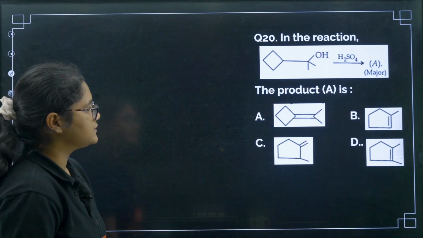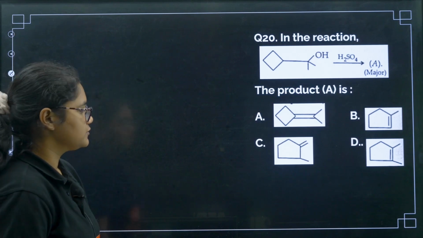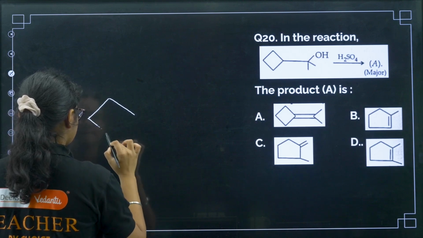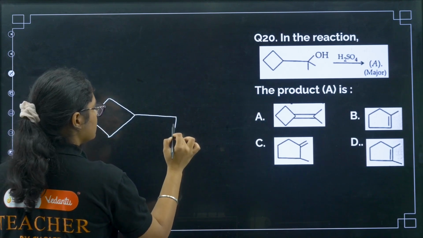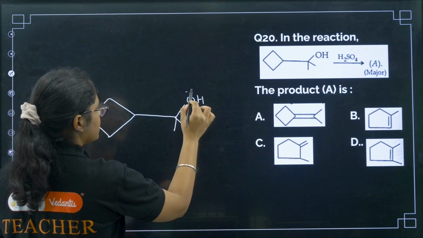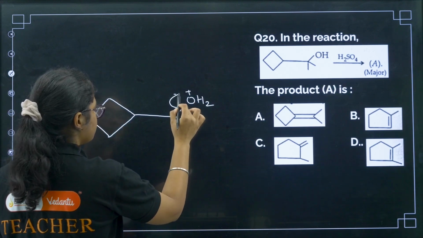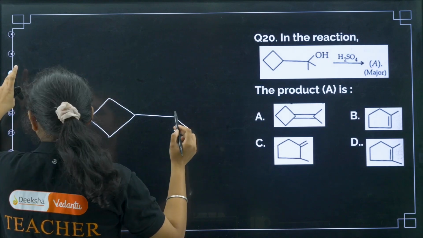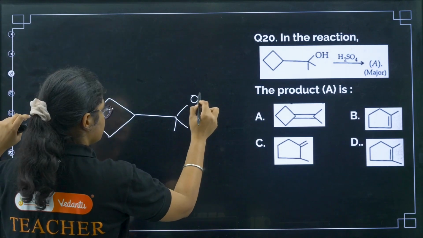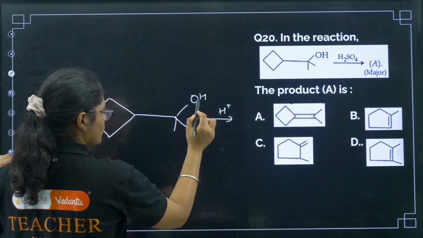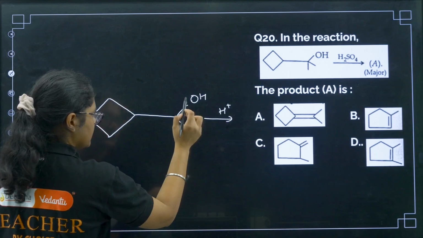Next, in the reaction, the product A is. Here you can see a reaction like this with OH. Let me draw the structure. You are giving H plus, so the OH will accept this H plus and it gets protonated.